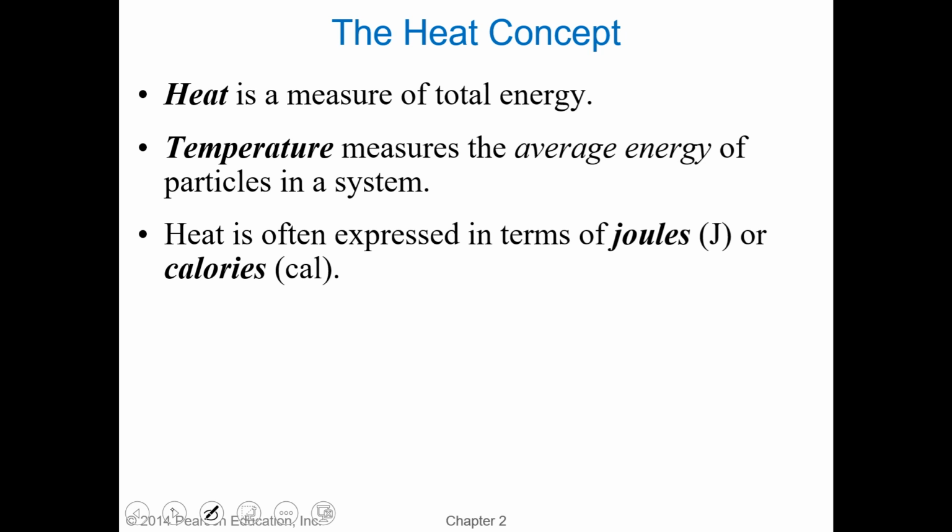We're going to refer to heat as Q. That's going to be its variable, if you will. Temperature is the average energy of particles in a system. So when you have a thermometer measuring 88 degrees outside, that's the average energy of the particles in a system.